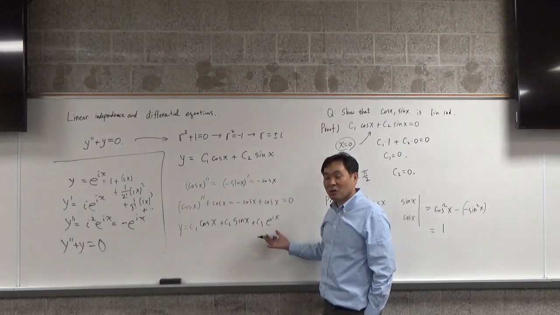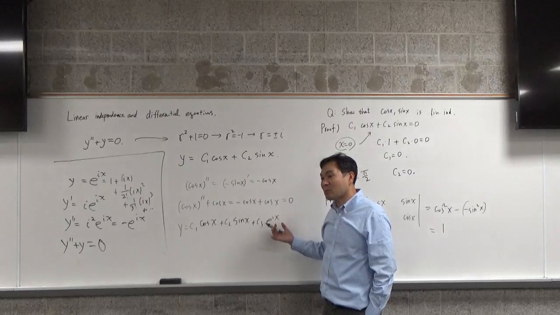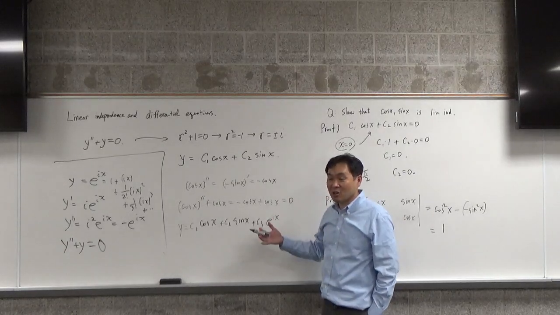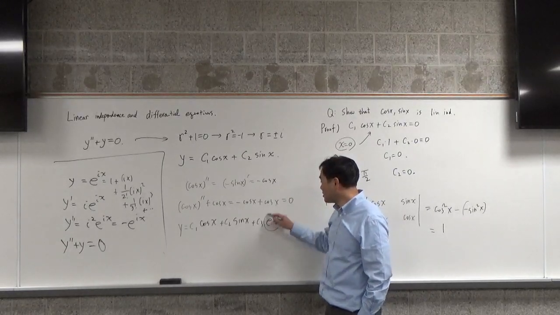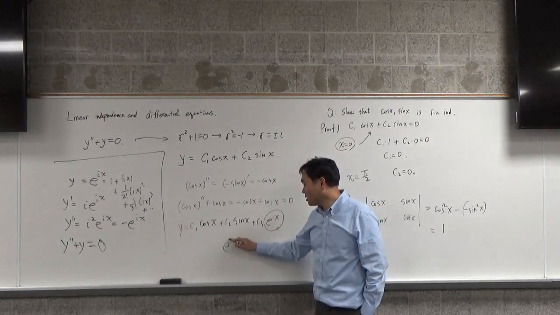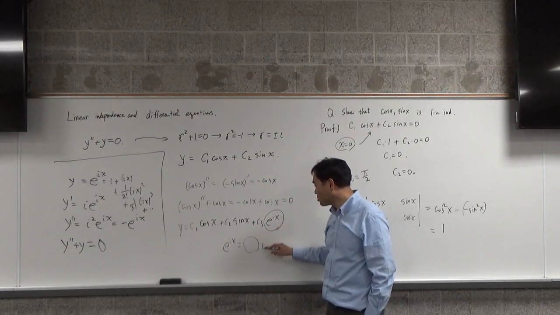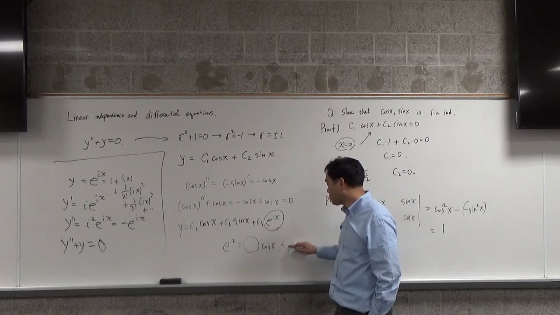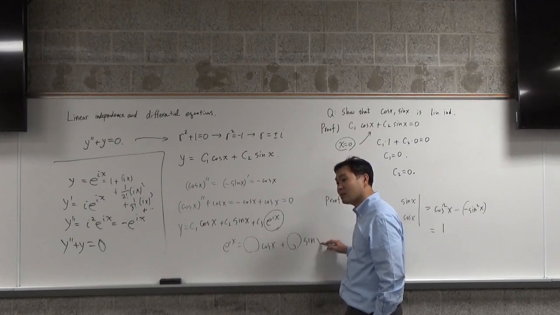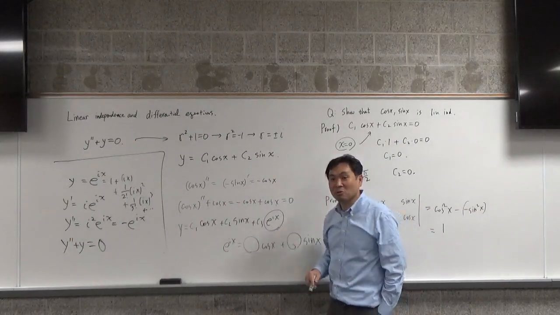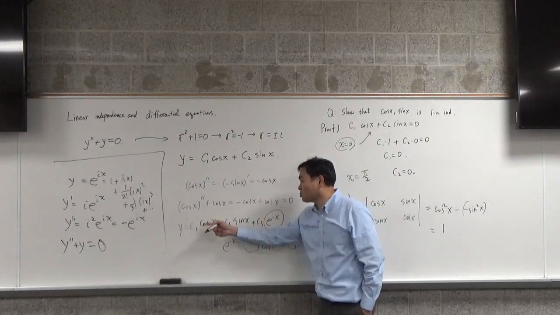Another one is maybe this is redundant. Maybe it's a linearly dependent list, which means one of them should be a linear combination of the other, which means that e to the ix should be something times cosine x plus something times sine x, right? So either one of these two would be true. If it's independent, this is what we have.